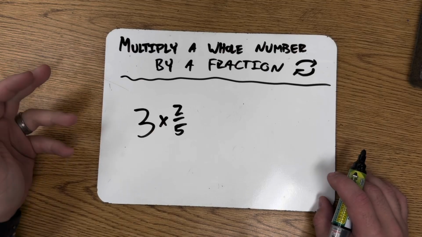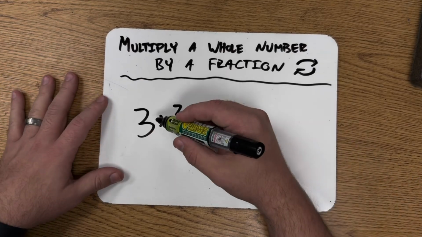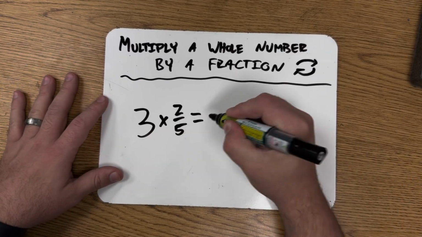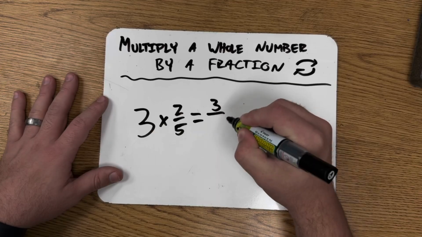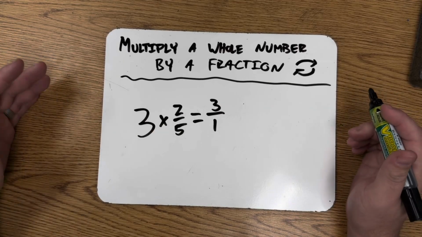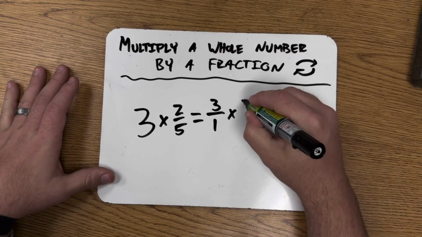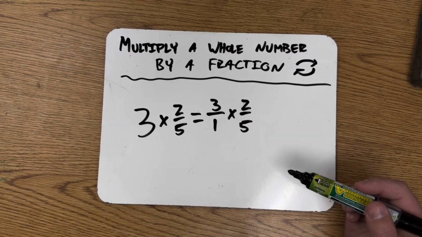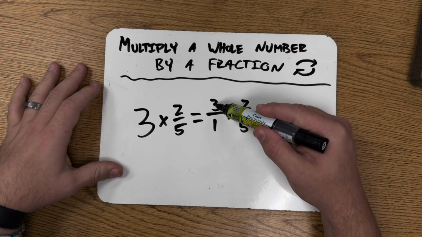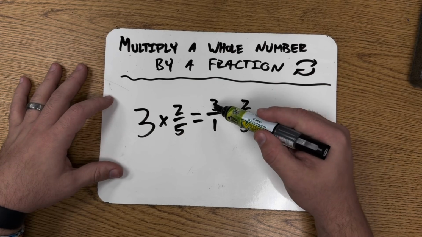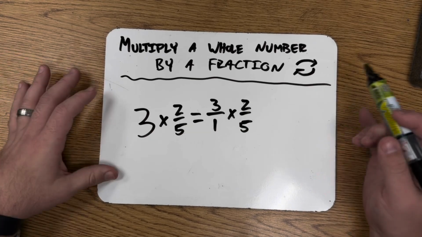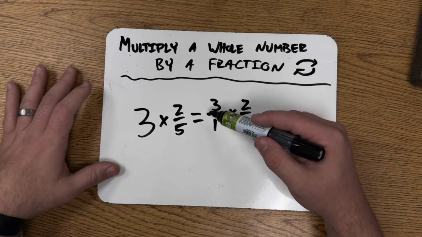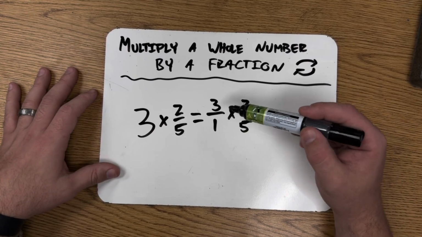And converting it over to a fraction is extremely simple. 3 times 2/5 is the same thing as 3/1, 3 over 1 times 2/5, okay? All we're going to do is we're going to put it over 1 because anything divided by 1 is itself. So 3 divided by 1 is 3. So we have our whole number. We just put a 1 over it.